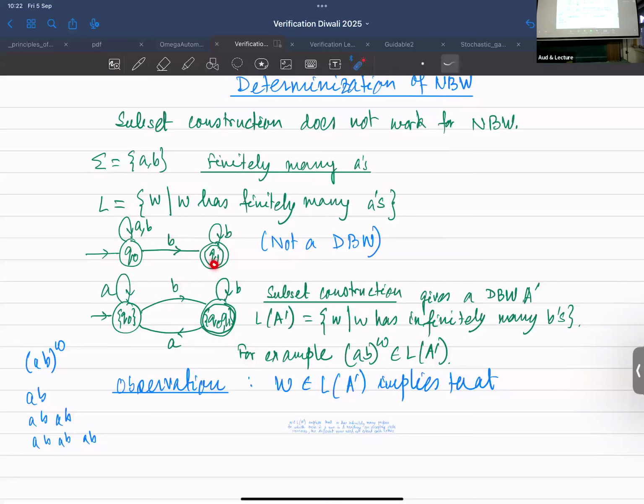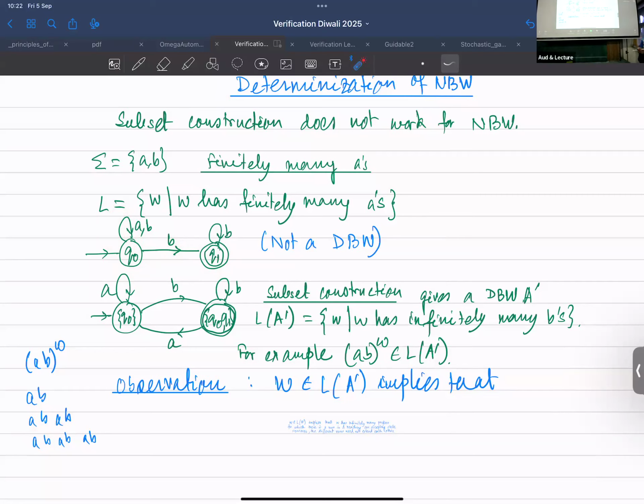I reach the final state here. If I consider ABAB, there are infinitely many prefixes for which there will be a run which will reach a final state here. Okay, but there's a catch.